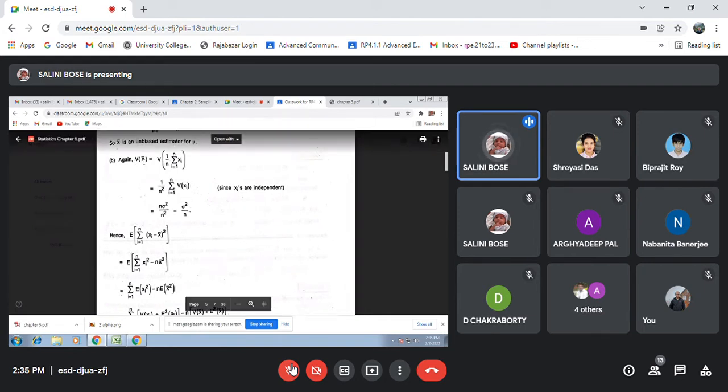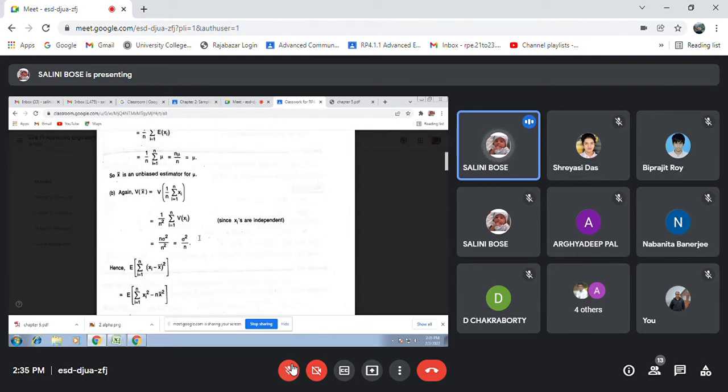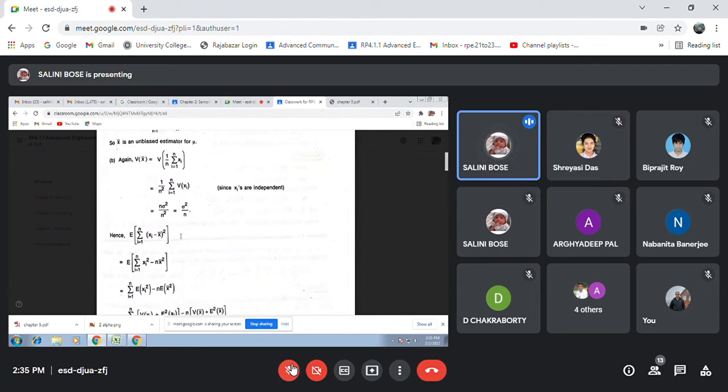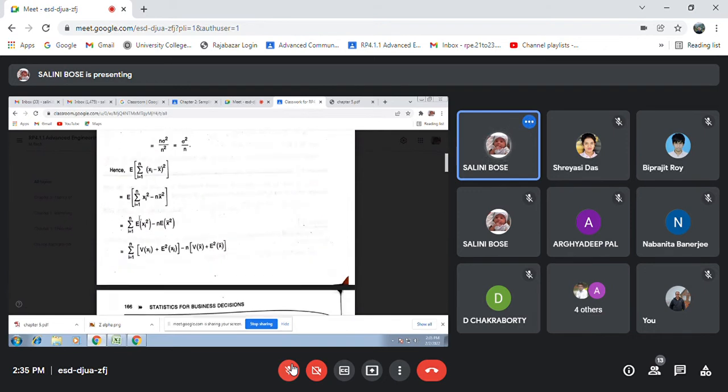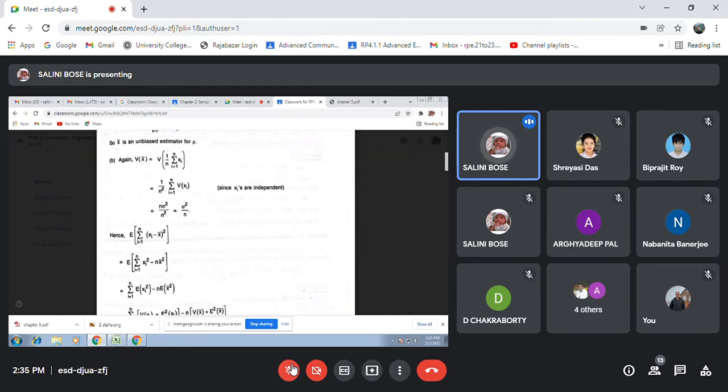So the variance of x bar is equal to sigma square by n. But this is the population variance sigma square, and we have to find the sample variance, right? The sample variance is the expected value of summation of i equal to 1 to n, xi minus x bar, whole square.